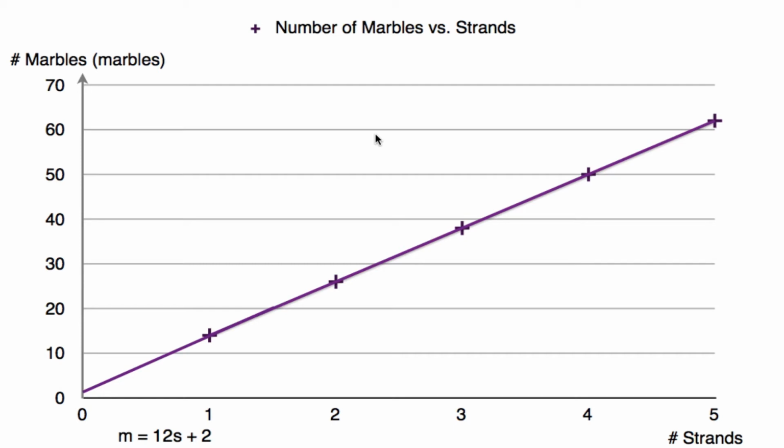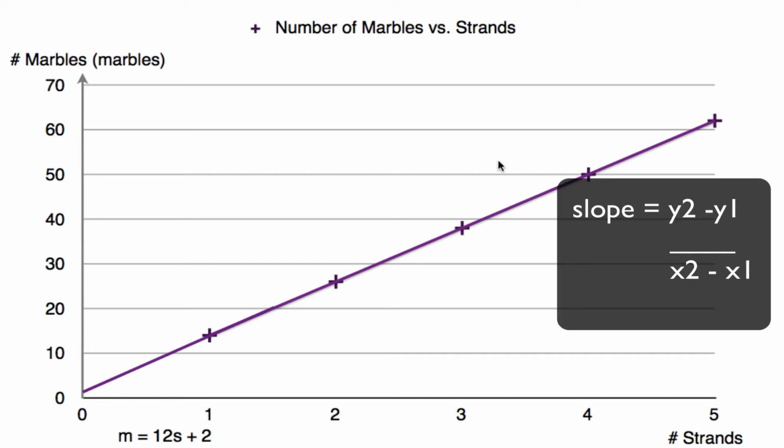Now, not only do we graph our data, we must always come up with an equation. And the equation we get from a line like this is in the form y equals mx plus b, but we never write it that way.